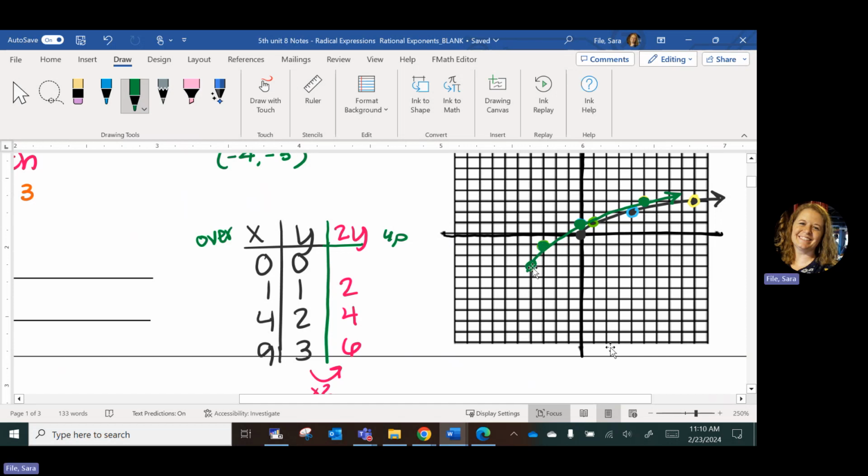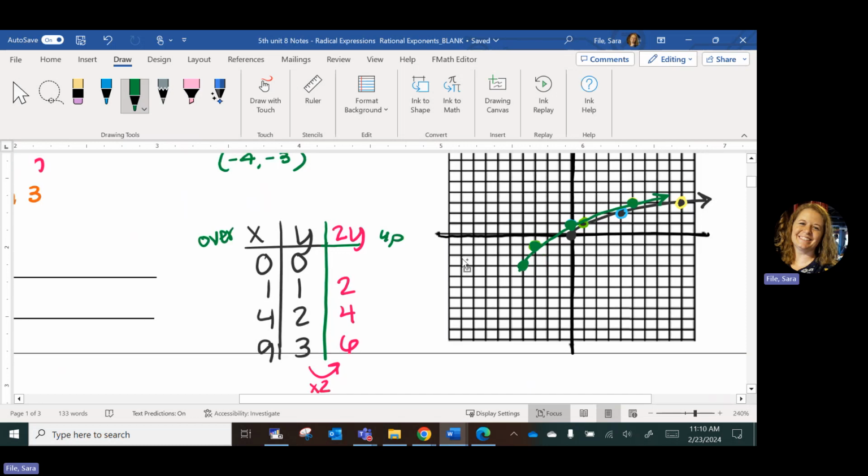So from the vertex to that very next point, we rise 2, run 1. So that's a slope of 2 technically. The rise over run is 2, isn't it? And our A value was 2.